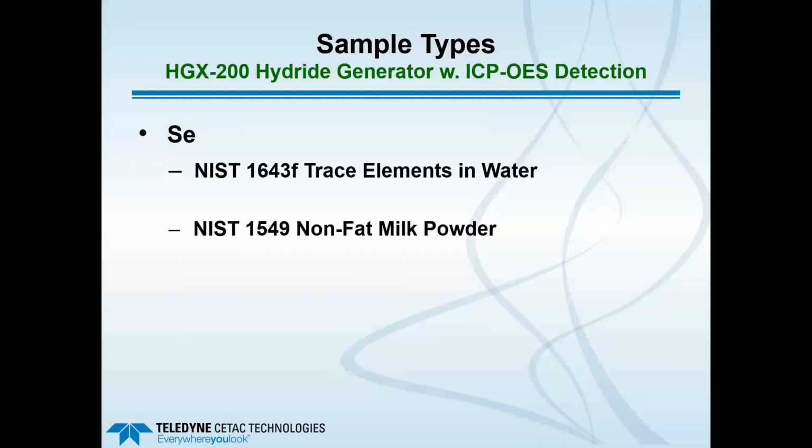So then next, since we have different pre-reduction techniques, we wanted to look specifically at selenium. In this case, we looked at it in 2 different reference materials. We looked at it in NIST 1643F, which is trace elements in water, and then NIST 1549 non-fat milk powder, a food type matrix.